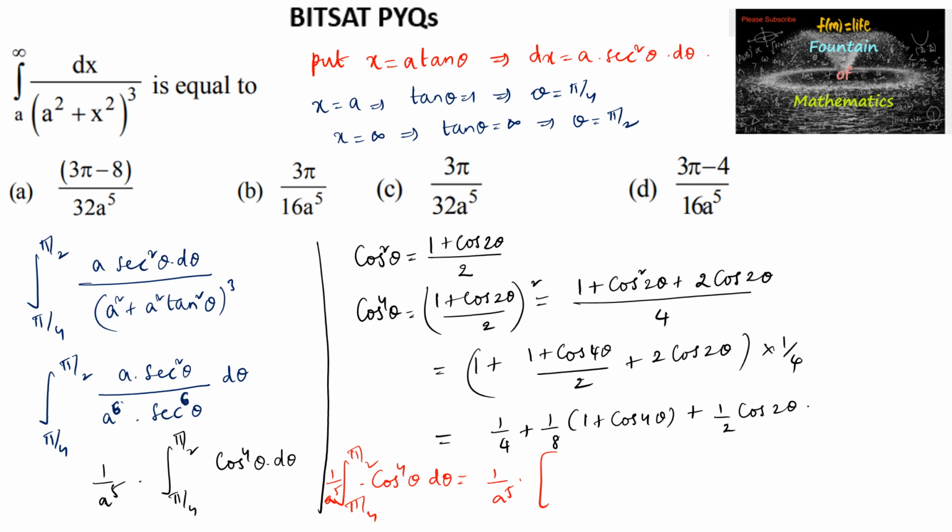is equal to 1 upon a power 5, and here we can write the integration of 1 by 4 is theta by 4 plus 1 upon 8 theta plus 1 upon 8 into integration of cos 4 theta, which is sin 4 theta upon 4, plus 1 upon 2 integration of cos 2 theta, which is sin 2 theta divided by 2, plus some constant c, and applying the limits pi by 4 to pi by 2.